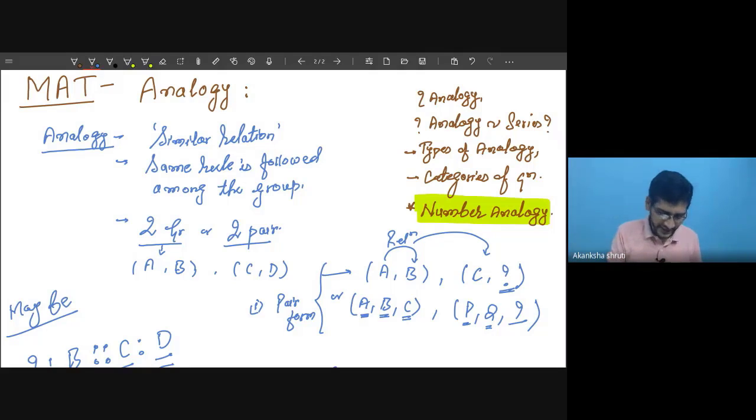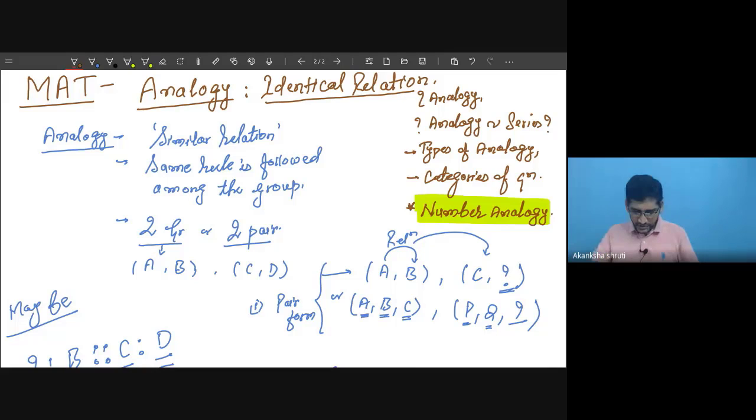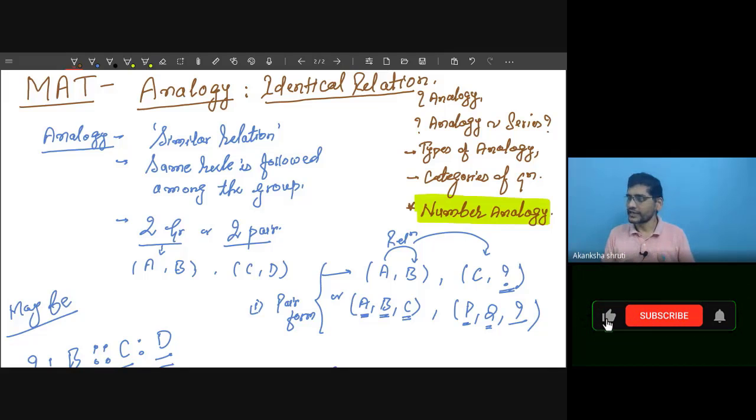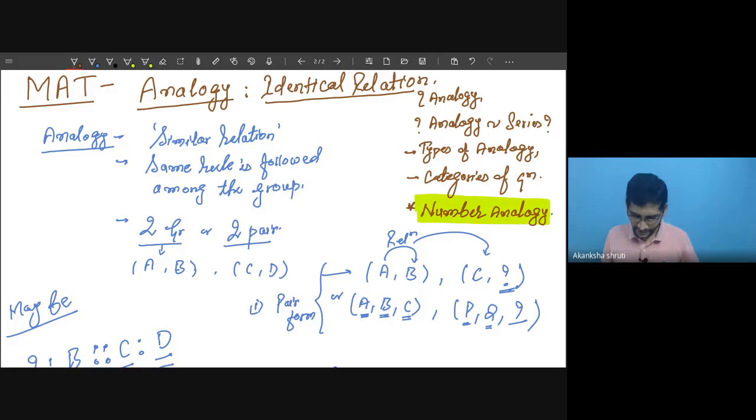So whether the topic is asked as analogy or identical relation, because in different books different names are given to the different chapters, all mean the same thing. So this is the meaning of analogy, where one pair will be given, you have to search for a relation between them and you have to apply the same relation for the other pair or other unknown.